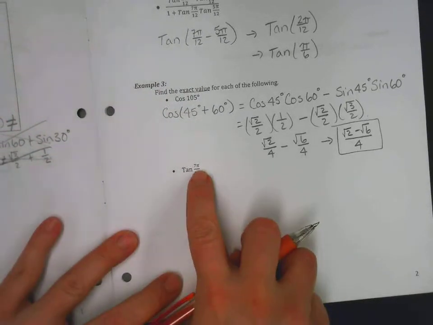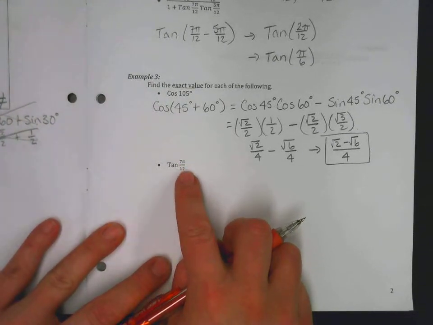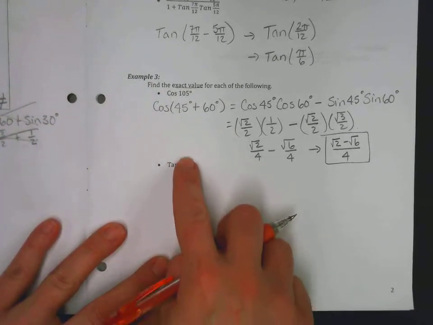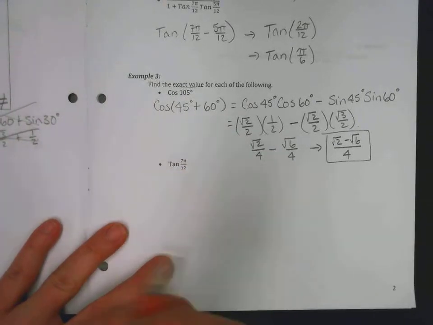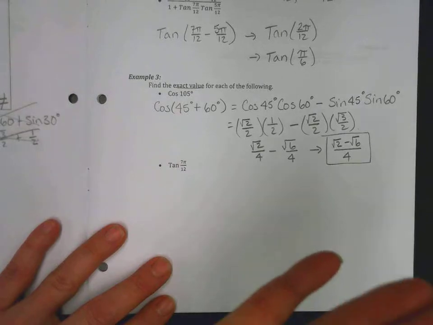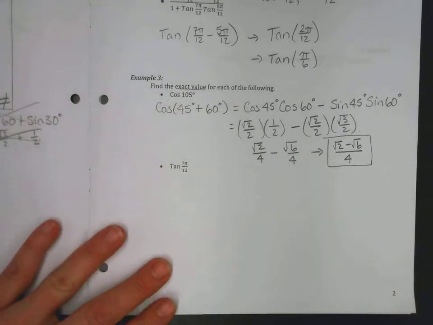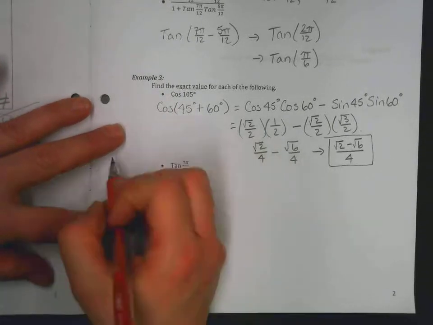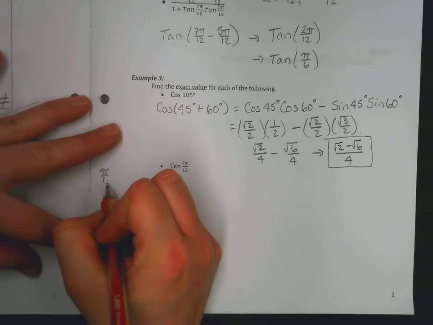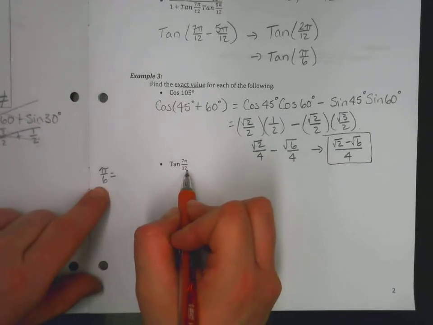All right, similarly, tan of 7 pi over 12. So now I'm forcing you to work in radians, which is where fraction values get tricky. I want to come up with 7 pi over 12 using my pi over 6, pi over 4, or pi over 3 rotations. Because this has a denominator of 12, I am going to take those angles on my unit circle and write each of them with a denominator of 12.